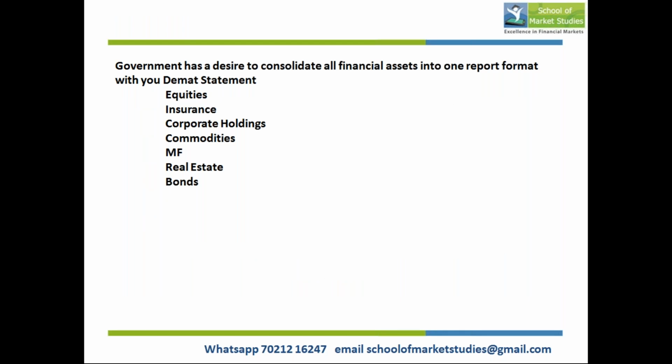Apart from this, what is the opportunity that is there? The government has a desire to consolidate all financial assets into one report format. So your demat statement will be your repository for your equity investments, insurance, corporate holdings, commodities, mutual funds, real estate, and bonds.